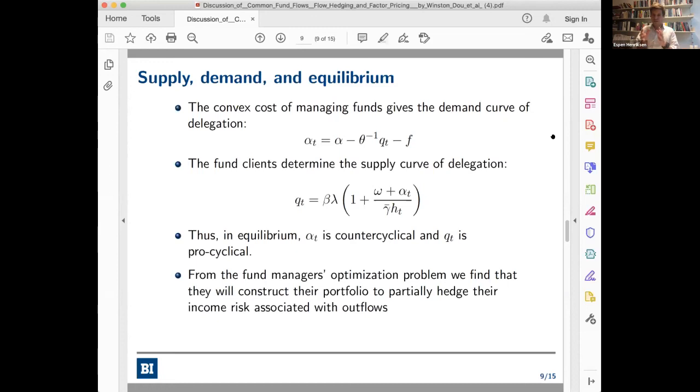And then lastly, given straight to the question I believe is at the core of the paper, from the fund managers' optimization problem, we also find, so you see these two other things, they're coming straight from the optimization problem of the clients and straight from that convex cost. But from the fund managers' optimization problem, we also get this incentive to partially hedge their future income, and the risk then associated with outflows.